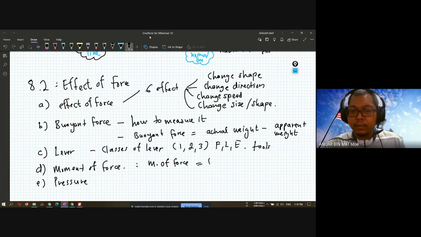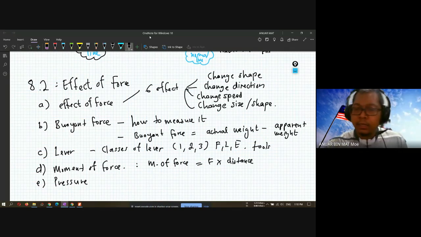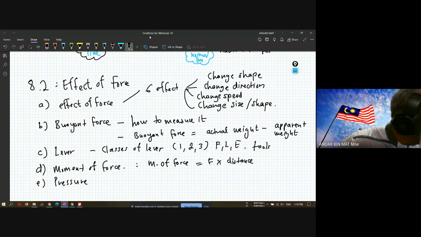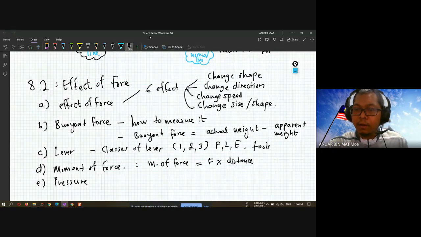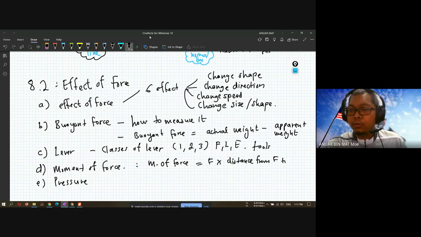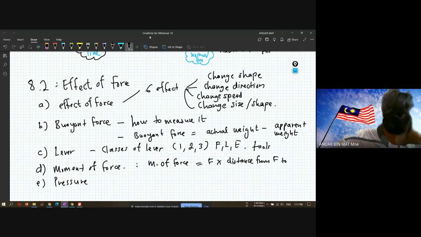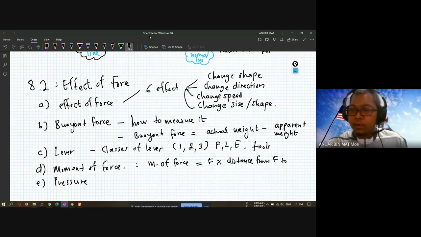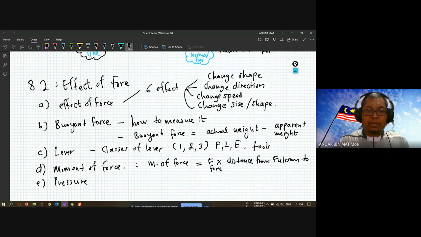Force times the distance, the distance from the fulcrum to force. Okay, and then pressure.